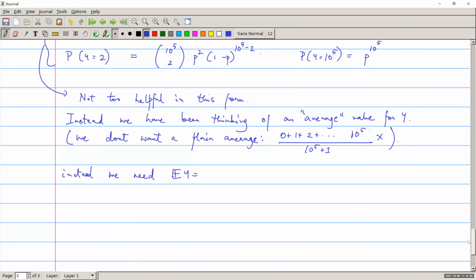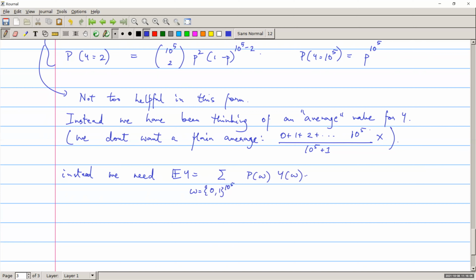The expectation of y is simply the sum over all the outcomes in the universe. The outcomes in the universe are all binary sequences of length 10 to the 5. The probability of any of these outcomes times the value of y for that outcome. This is what we want.